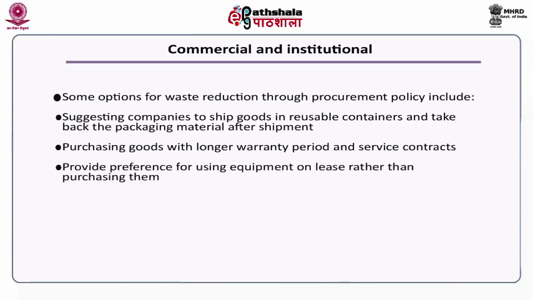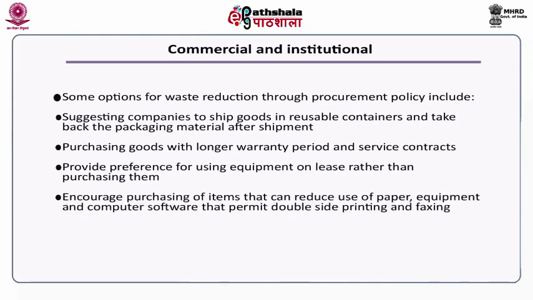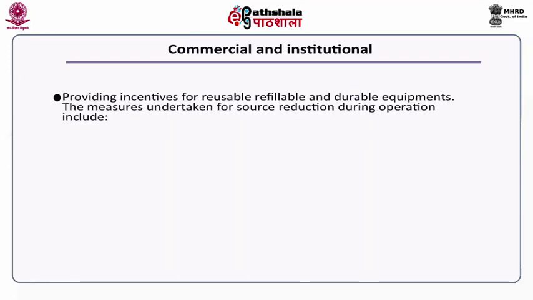Then you can give preference to leasing equipment rather than purchasing it. Also, encourage purchasing items that reduce use of paper, such as equipment and computer software that permit double side printing and faxing. Providing incentives for reusable, refillable and durable equipment can also be one sort of source reduction.